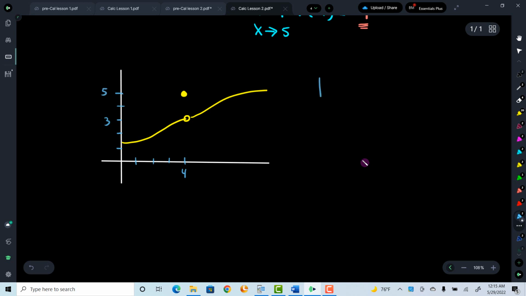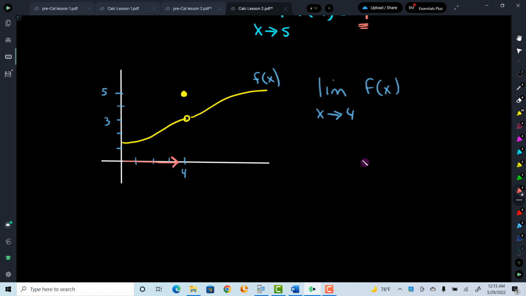So I want to know the limit as x approaches 4 of f of x, right? This is f of x. What's happening as x actually approaches 4? So here's x, right? X is down here. As it's getting closer to 4, what's happening to the y value? Well, it looks like it's approaching 3, doesn't it?